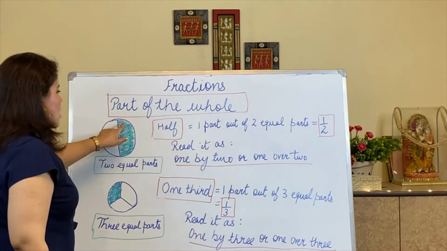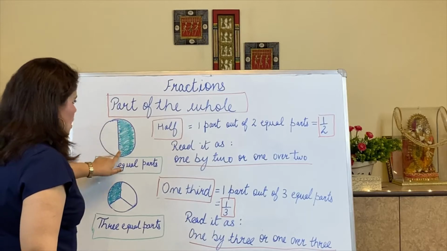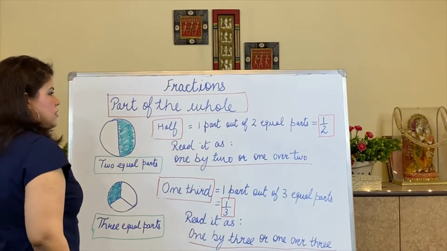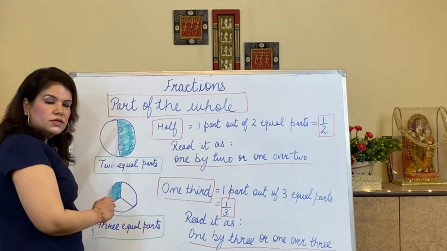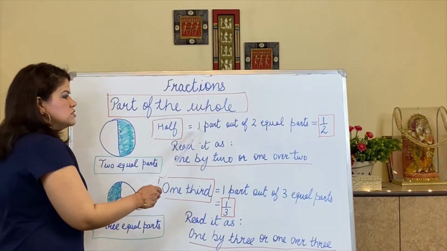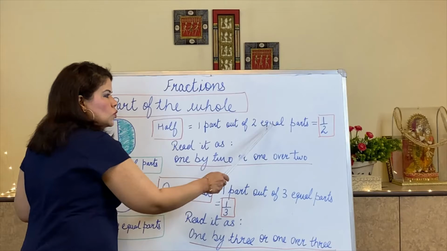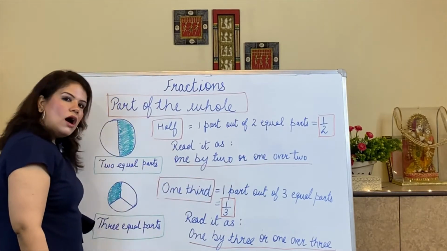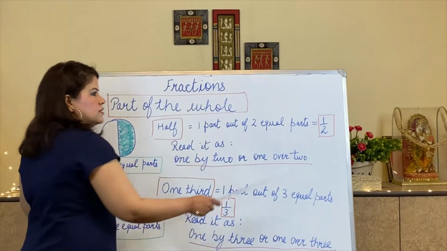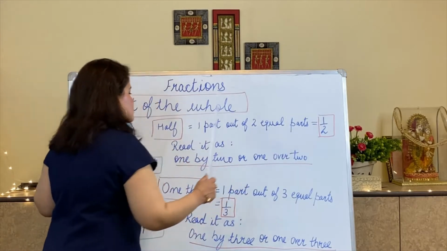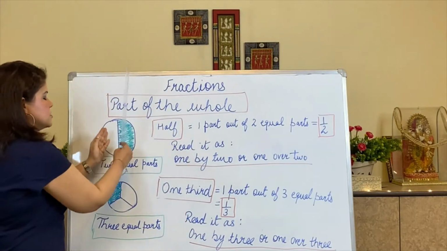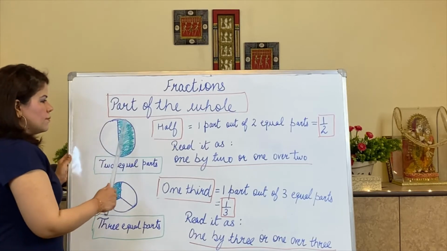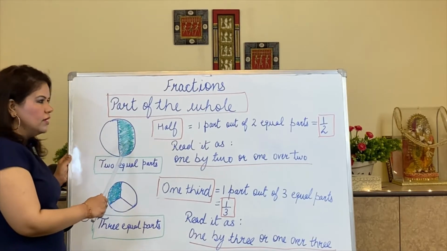So if I have to tell about this part, how will I do that? I am saying half of the portion of the circle is shaded. That means one part out of two equal parts. And how am I going to write that? One out of the two parts are there, but I have shaded only one part.